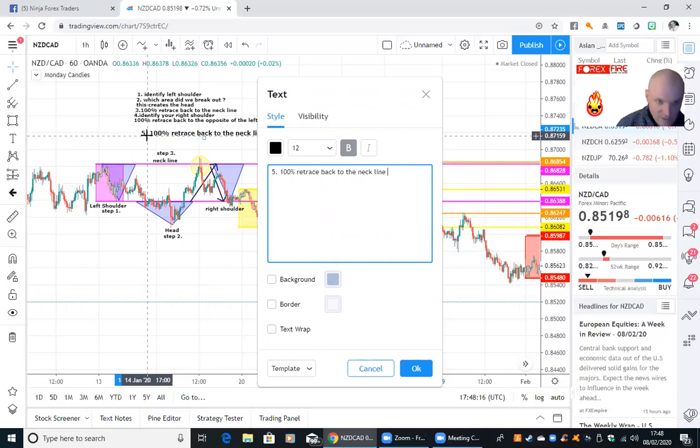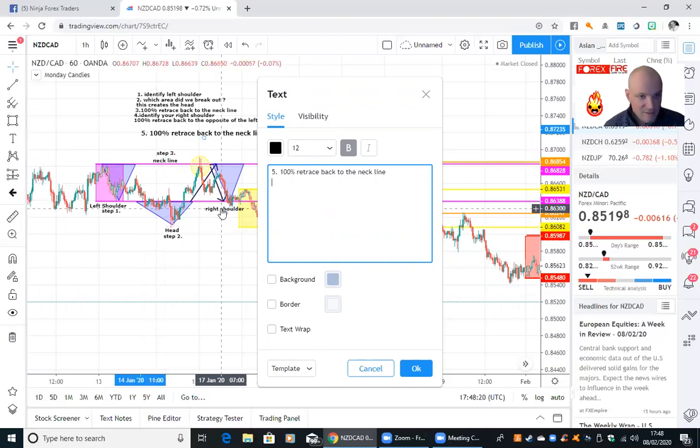Okay. Let's take a look. Right shoulder, neckline, and then we sell.